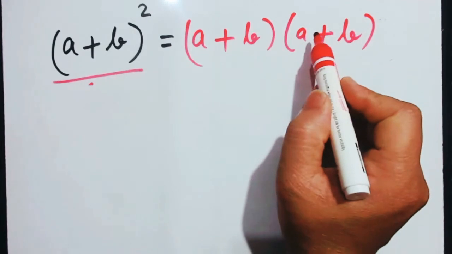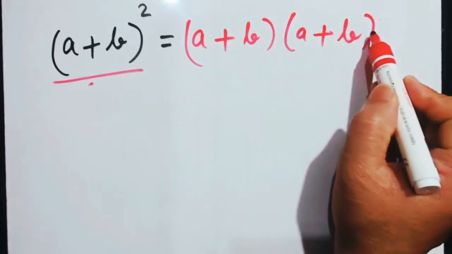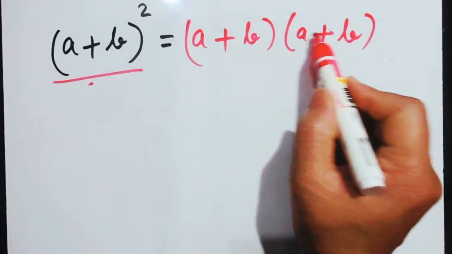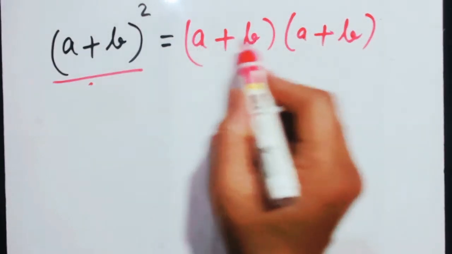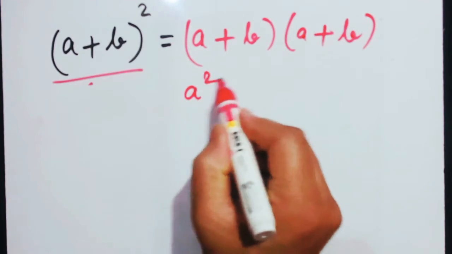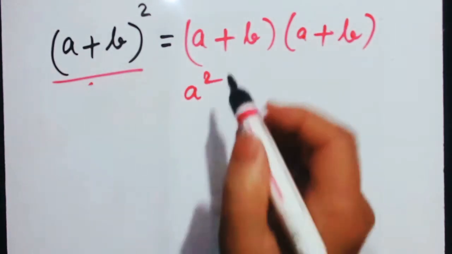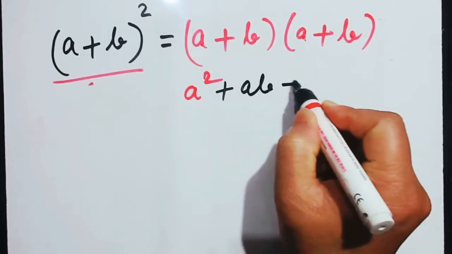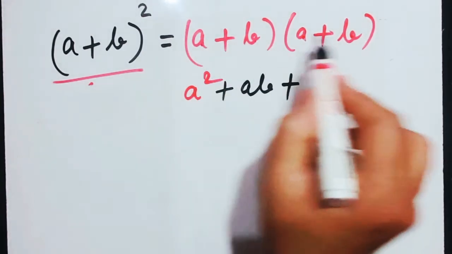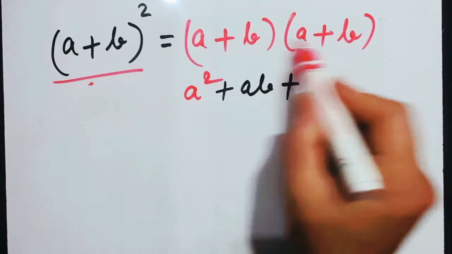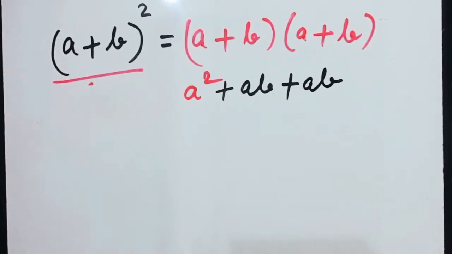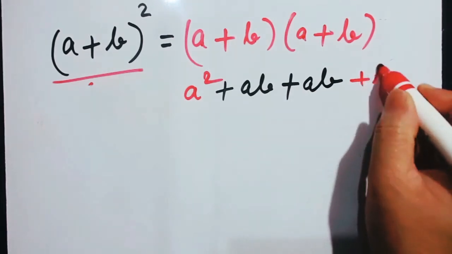We will multiply a with both the terms, and we will multiply a plus b with a, and then again a plus b with b. So a times a will give you a square. Similarly, a times b will give you ab. Once again, b times a will give you ab, and then b times b will give you b square.